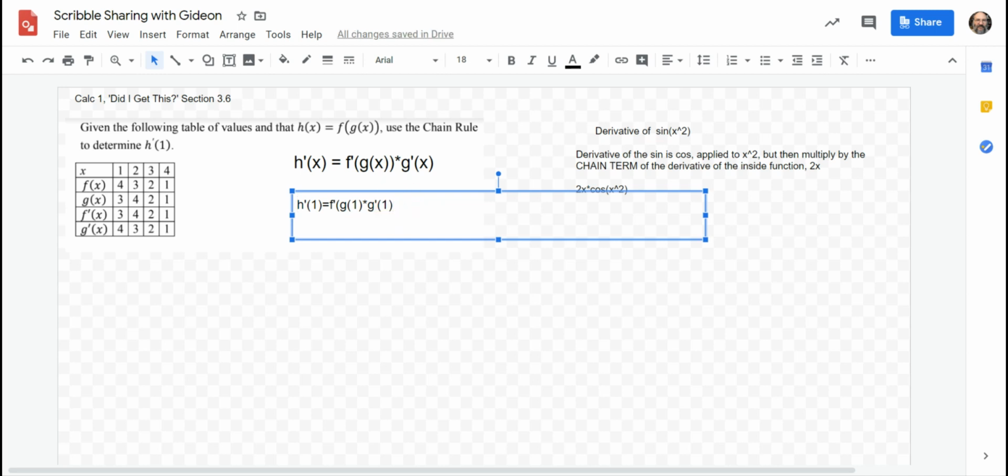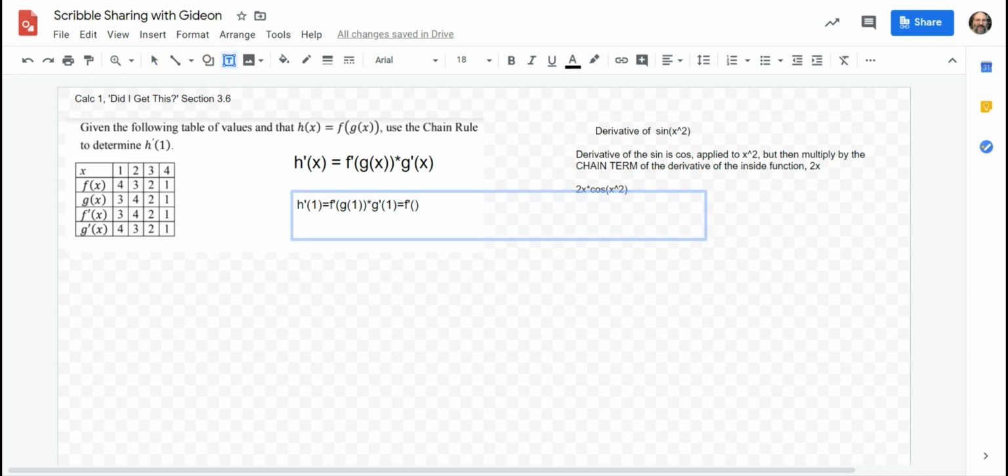So we start working the table, right? Let's see. f prime of g of 1. Oop, lost a parenthesis. f prime of g of 1. Well, I mean, f prime of g of 1, but what's g of 1? g of 1 comes from the table, right?